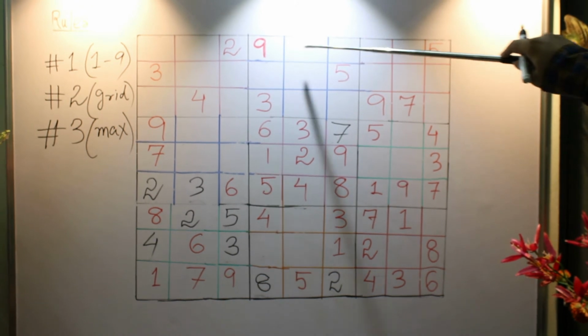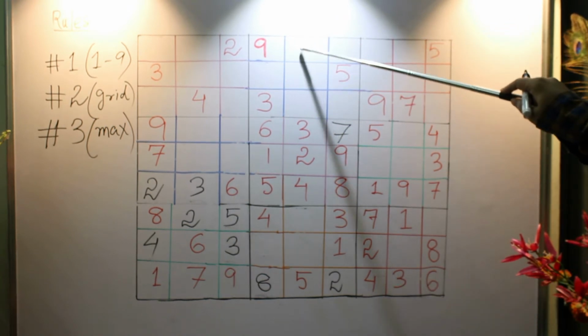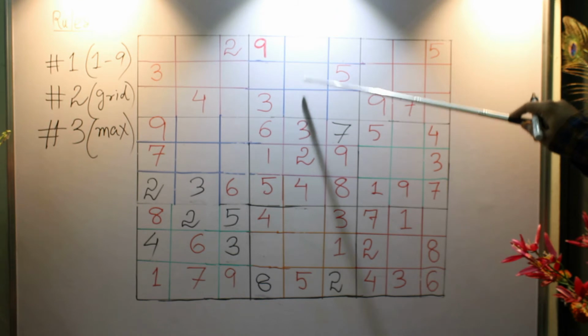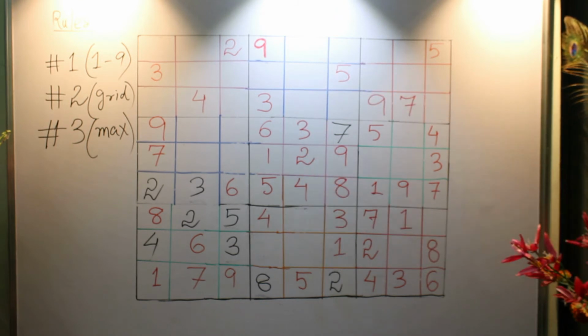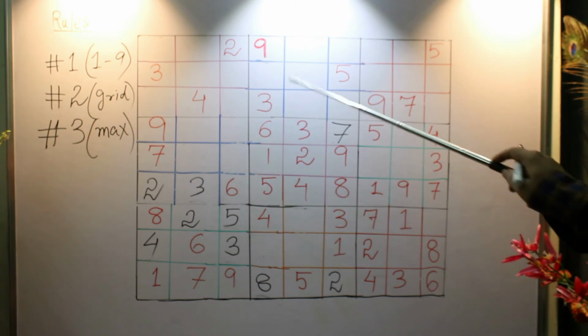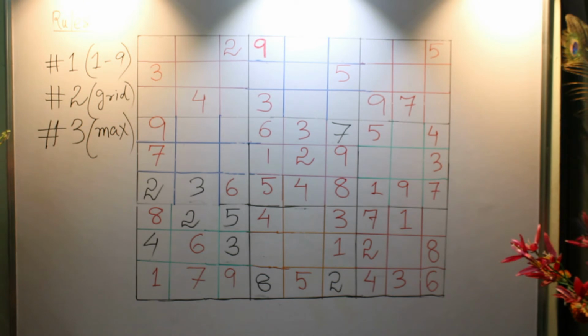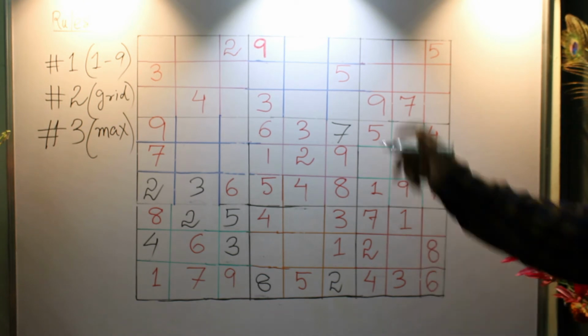Now check for this grid. You cannot place 4 anywhere in these boxes because of this 4. Similarly, you cannot place 4 here because of this, and you cannot place 4 here because of this 4. Now the only place left for 4 is this.